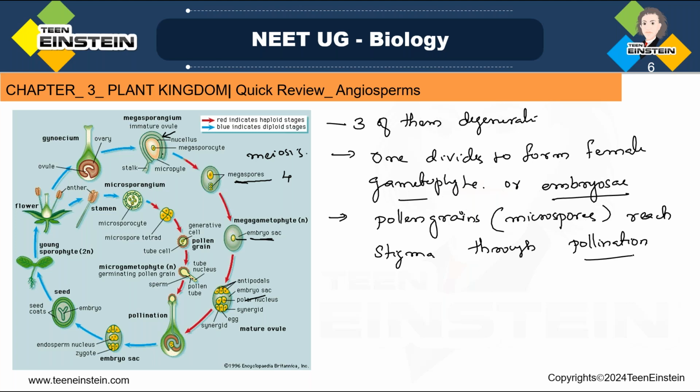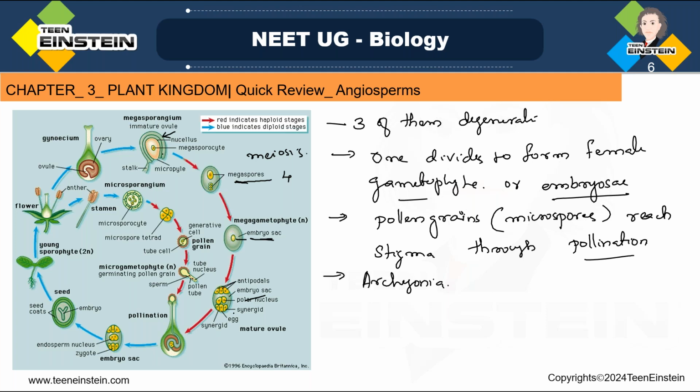And here archegonia is absent. Okay, in the case of angiosperms, archegonia. Up to pteridophytes, we have learned about antheridia and archegonia, right? So archegonia is absent, and instead of that, there is one oosphere which is surrounded by two specialized synergid cells or egg apparatus.